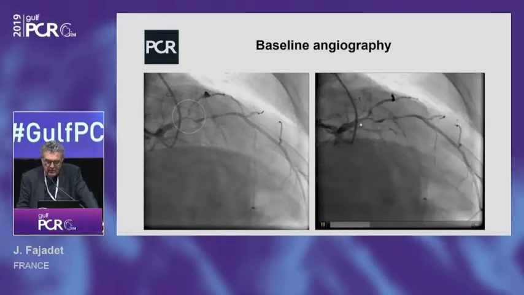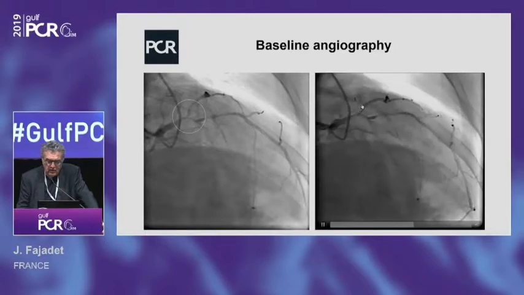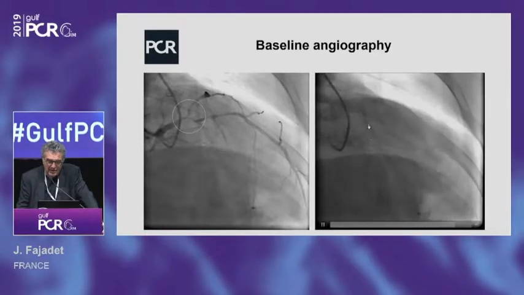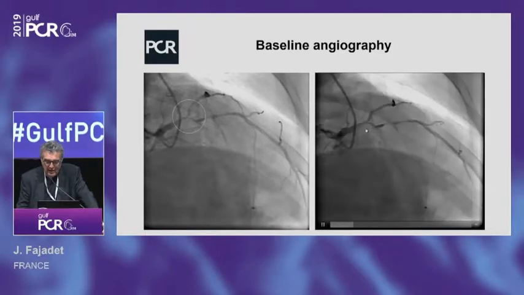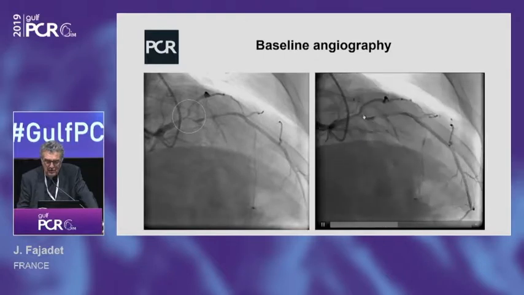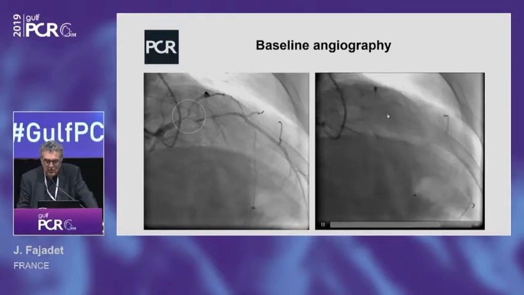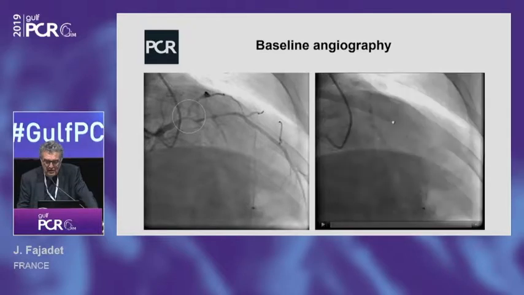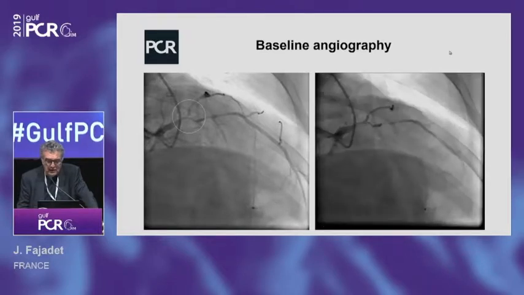Critical lesion at the bifurcation of the diagonal, which is already diseased, and a lesion on the mid-proximal and mid-LAD, and the origin of the distal LAD at that point.